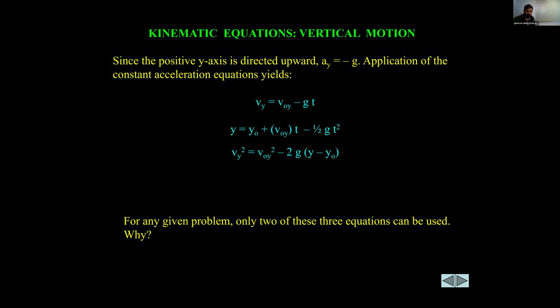So yeah, those are 3 y equations. And do you remember why I said at the beginning that only 2 of these 3 equations could be used at any time to solve for 2 variables? Are they actually 3 equations?